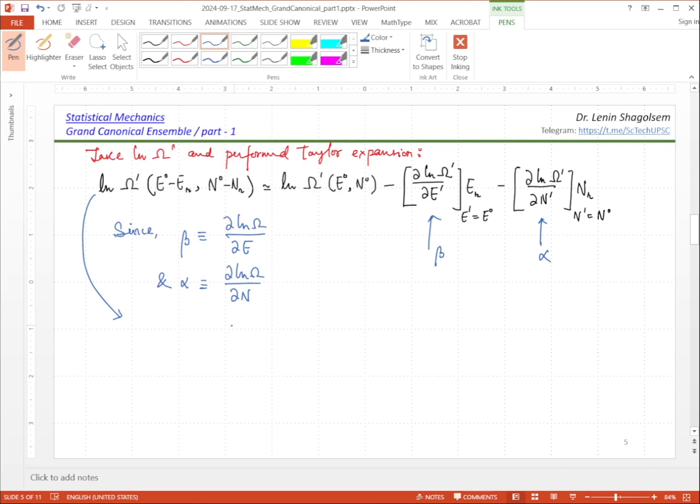We can take the antilog, or simply rewrite as follows: omega dash of E naught minus E r, N naught minus N r is equal to omega dash of E naught and N naught times e to the minus beta E r minus alpha N r.